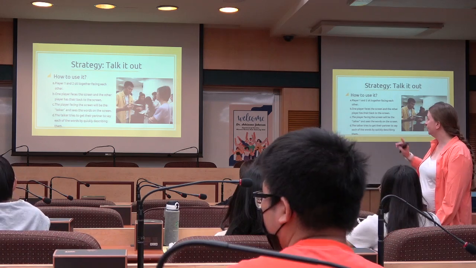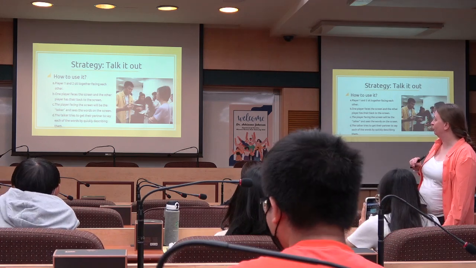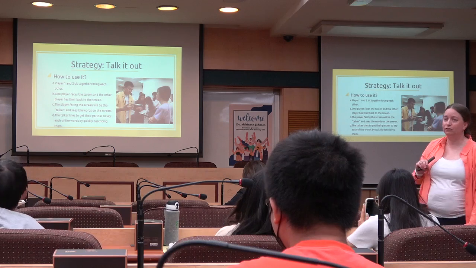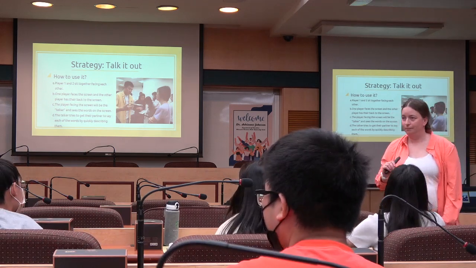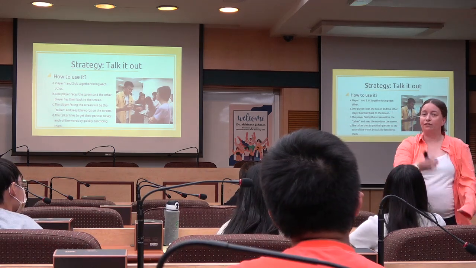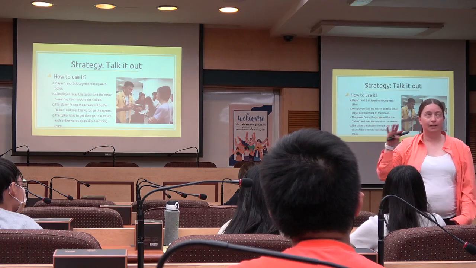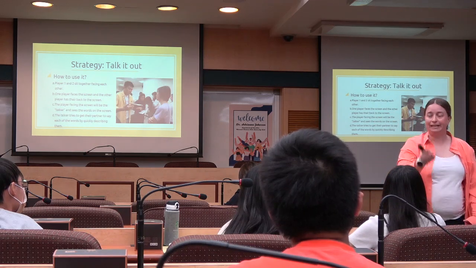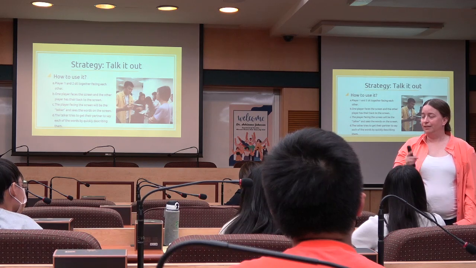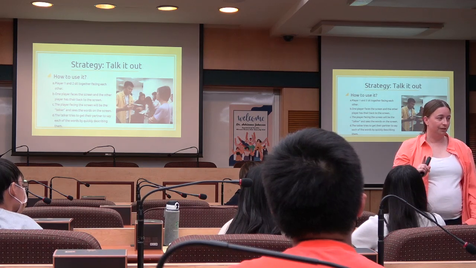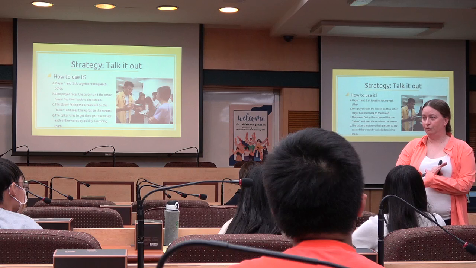The talker tries to get their partner to say the word by describing it. So partner A has to describe the word. Partner B listens and guesses. Here's the rule. There's no Mandarin, only English.